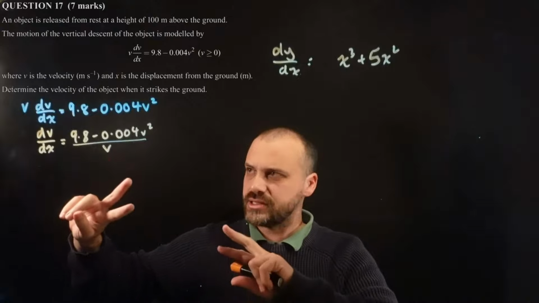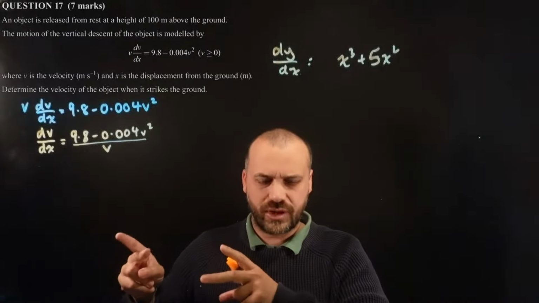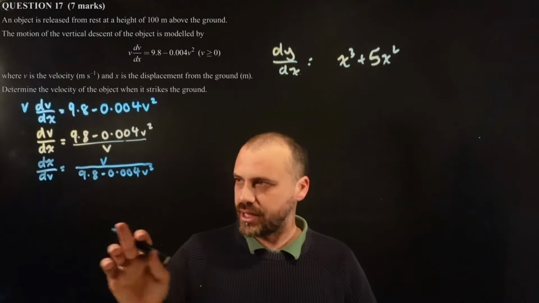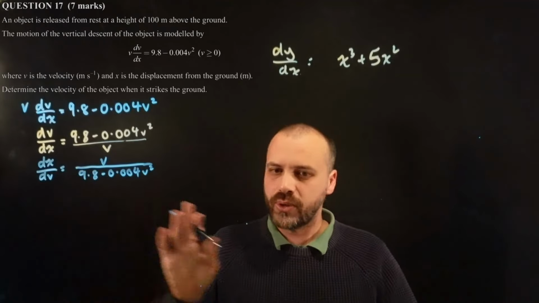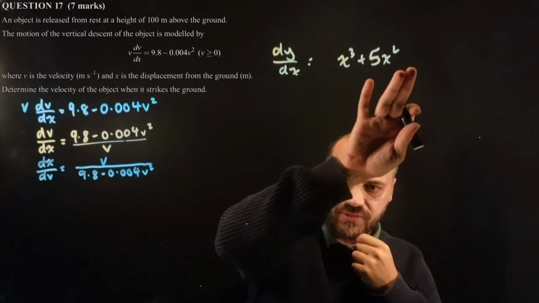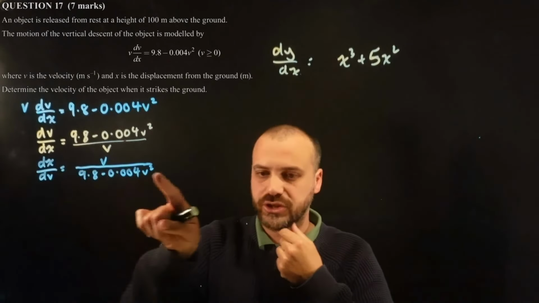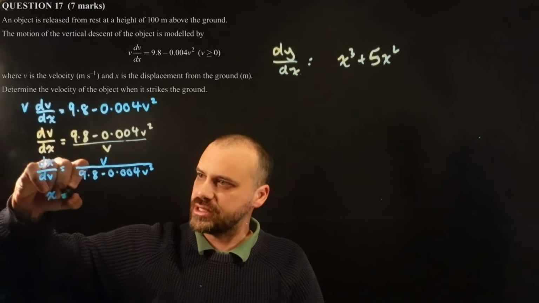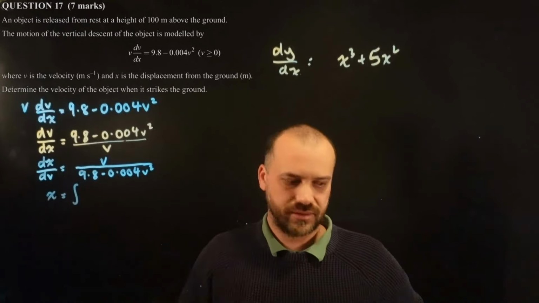So let's flip everything over so it's behaving appropriately. That's much, much better now because now we can work with it in the same way that we would work with dy dx and then a function in terms of x. This is dx dv and a function in terms of v. So if I want to know what x is, I just integrate this.